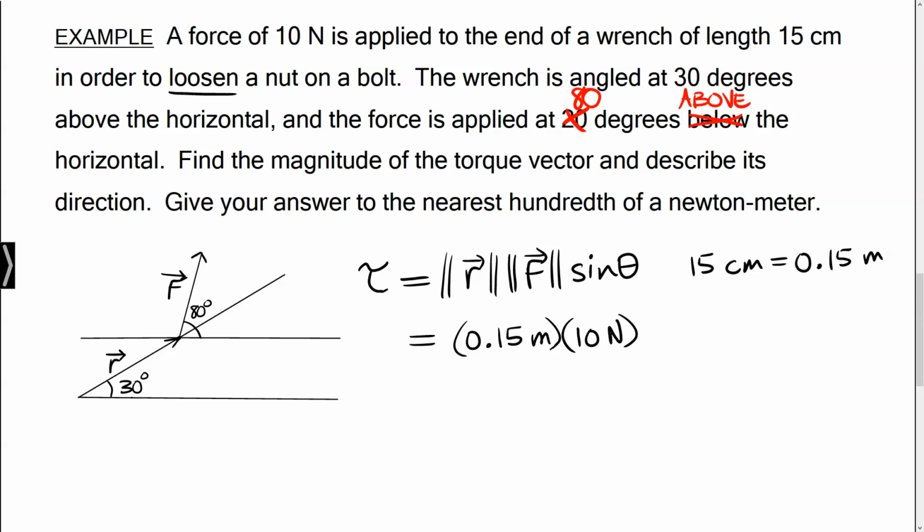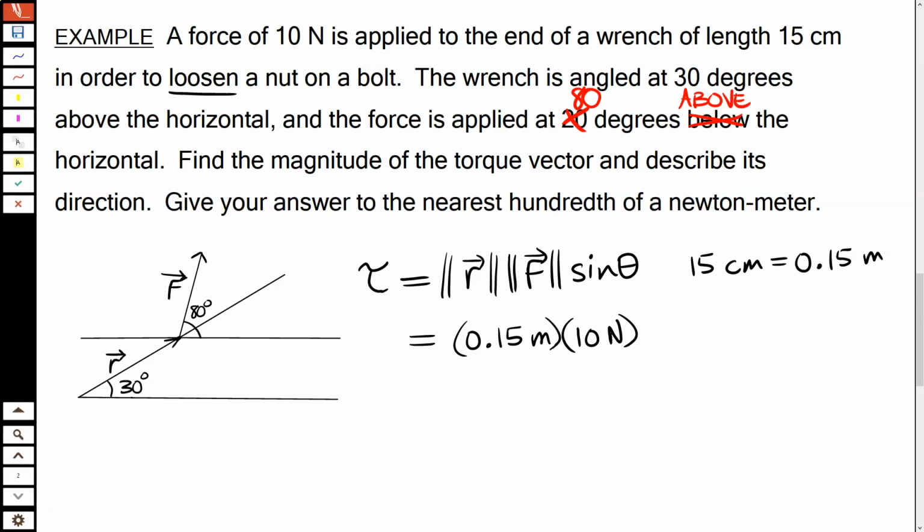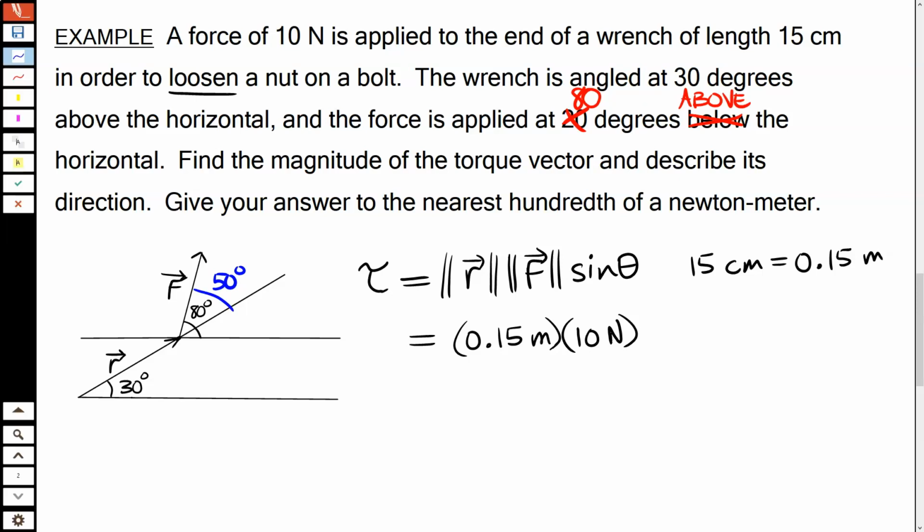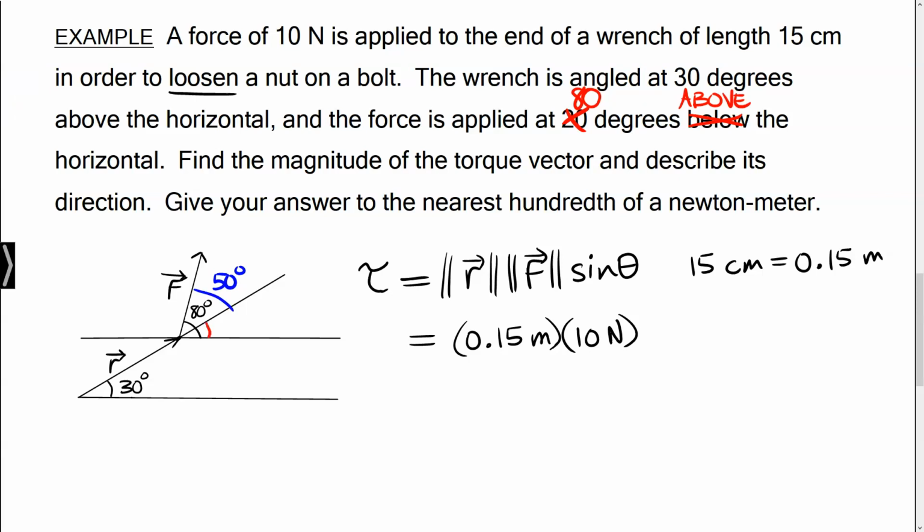So from the picture, now remember that the angle here is the angle between R and F. And so what you have to do here is realize that the angle is really given here. And that angle is going to be 50 degrees because we have the same 30 degrees here. So 30 plus 50 is 80.